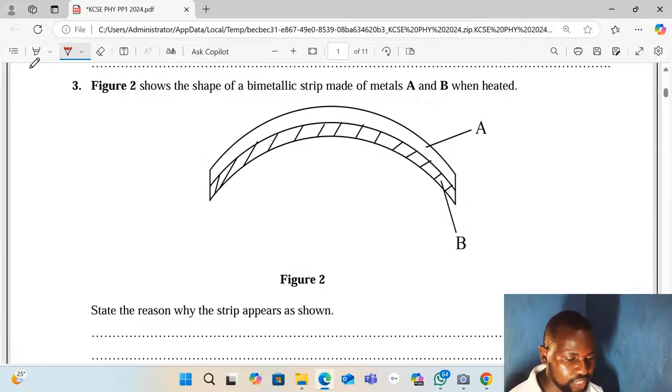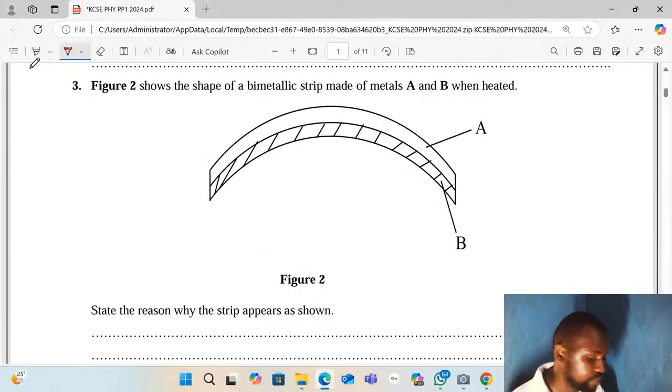And this variation can only be brought by the difference in linear expansivity, meaning that one metal must expand in a faster manner compared to the other one.